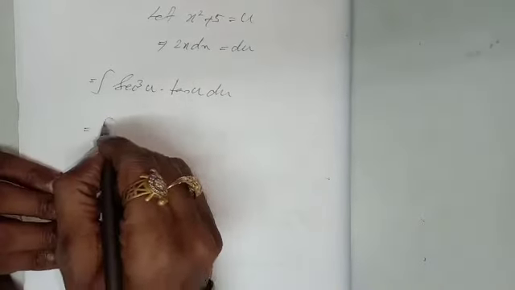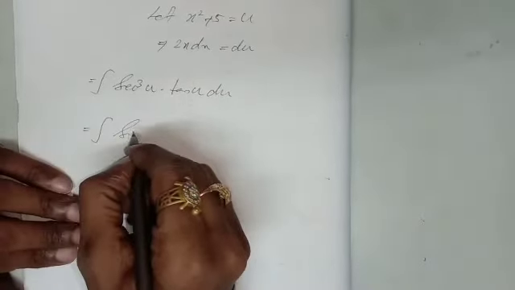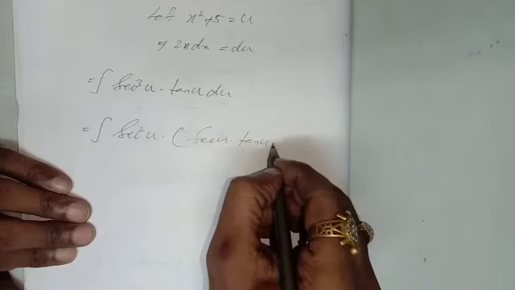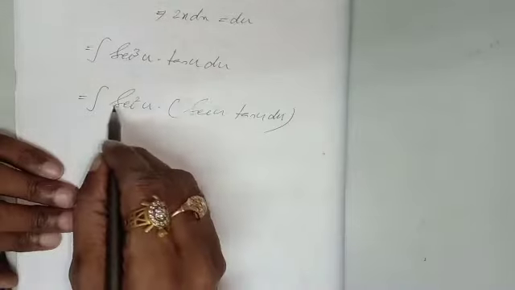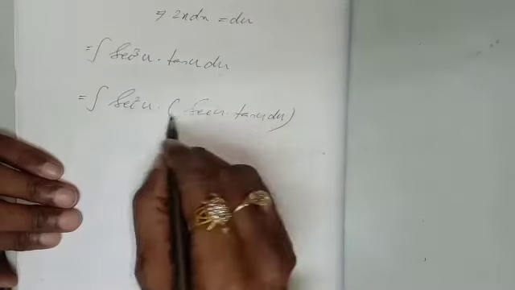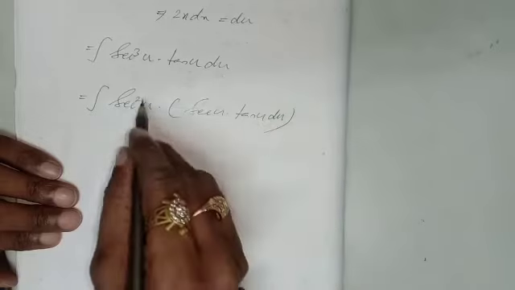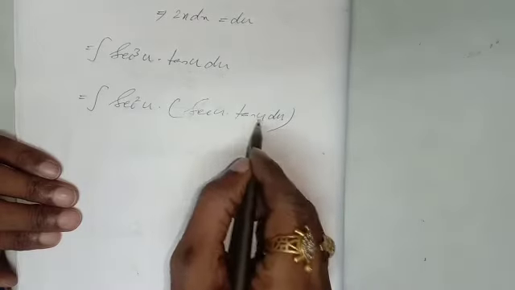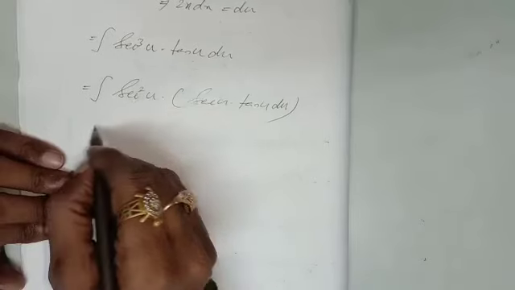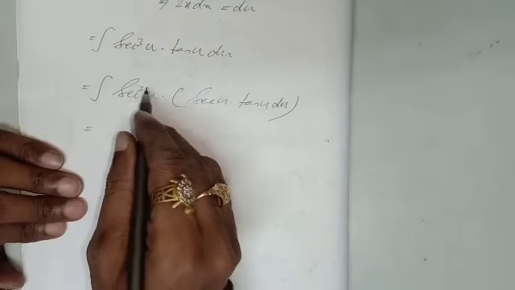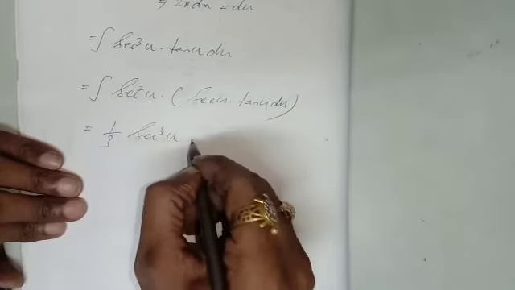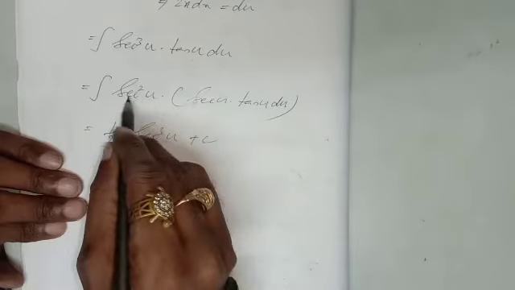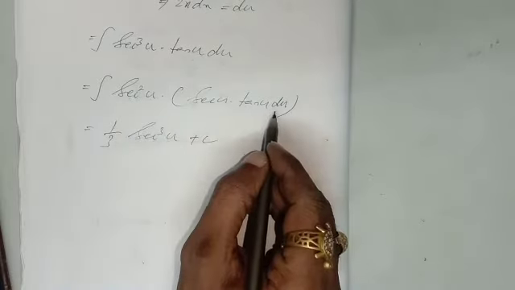Now you see, just write here like this: this is sec square u into sec u tan u du. The derivative of sec u is sec u tan u, so sec u tan u du is d of sec u. So what is the integration of this? This will be sec cube u by 3, that means 1 by 3 sec cube u plus c.